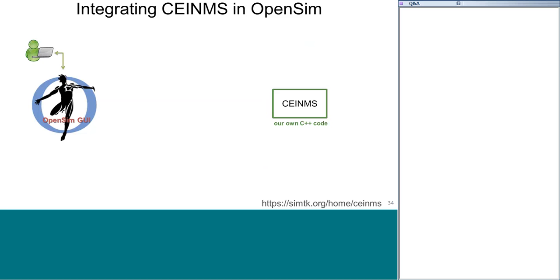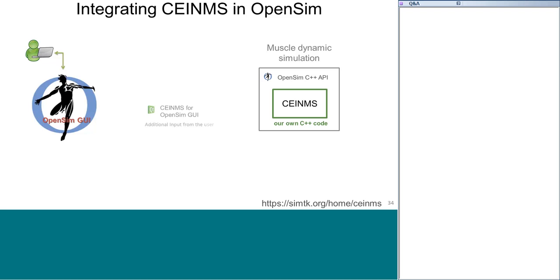To achieve a complete integration of CEINMS in OpenSim, we firstly wrapped CEINMS with the OpenSim APIs. Starting from a motion file with angle data, the APIs perform the muscle analysis and feed CEINMS with muscle tendon length and moment arms. Secondly, we created a personalized front end to allow the user to select the additional input required by CEINMS, such as experimental EMGs.